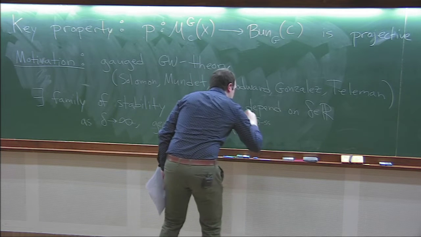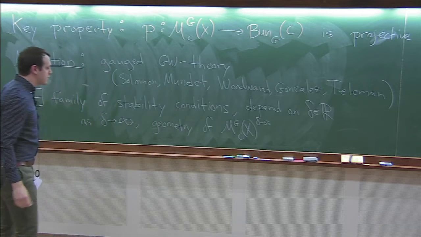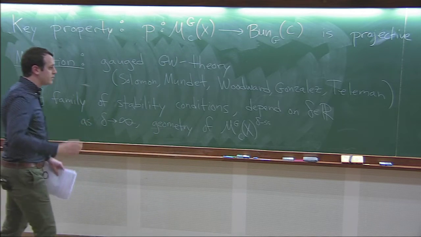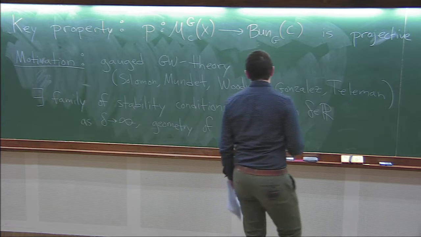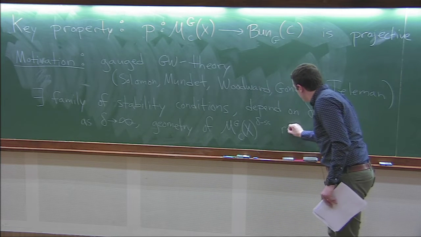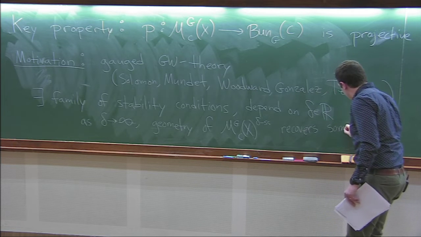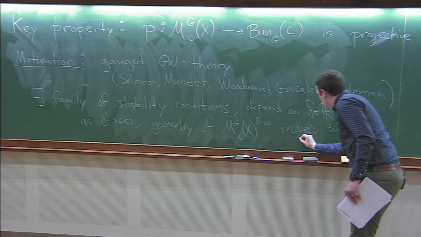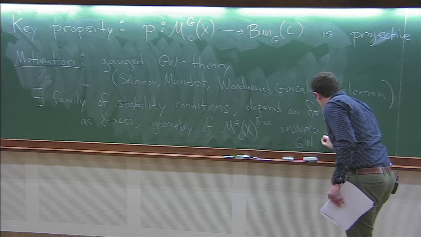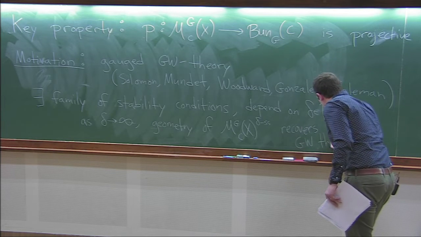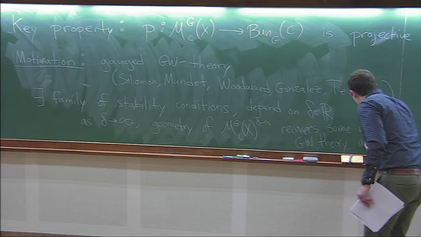But the geometry of the semistable locus as delta goes to infinity recovers as much of the Gromov-Witten theory of the GIT quotient.